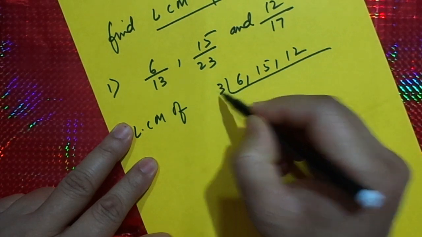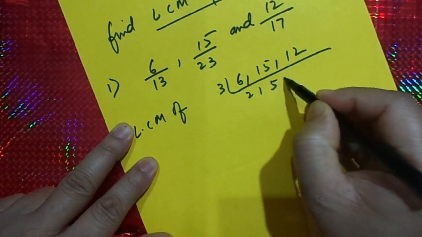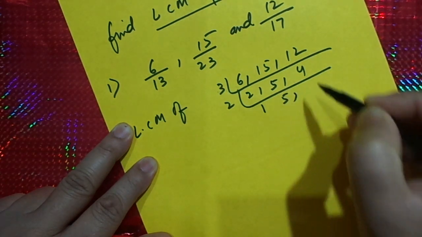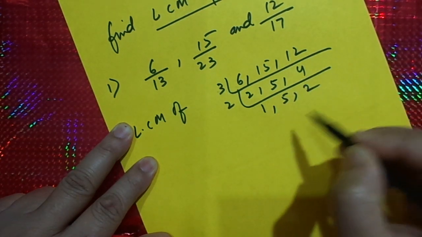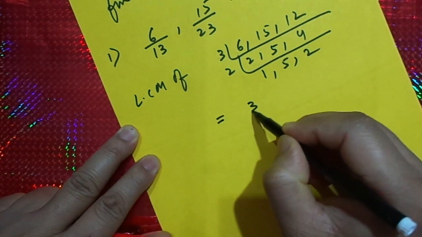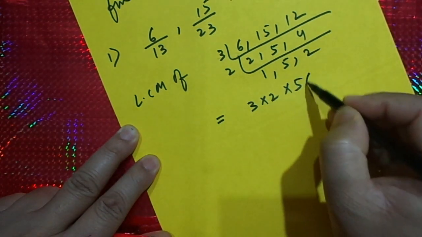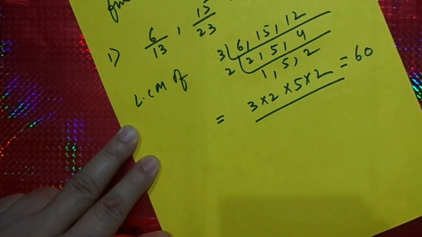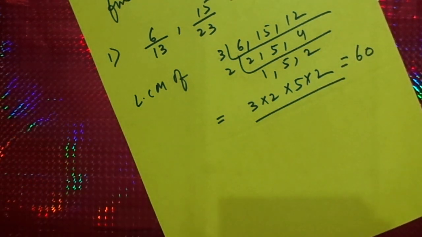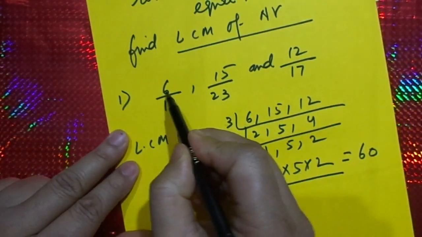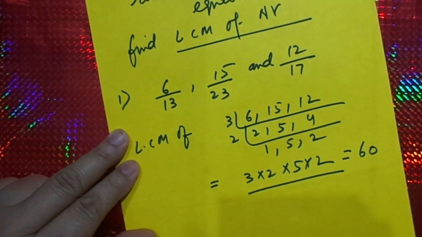So what we get? 3 2 times, 5 times, 4 times, 2 1 times, 5 remains, and 2 2 times. So here the LCM is equal to 3 into 2 into 5 into 2, isn't it? Is equal to 60. Now what I am going to do? I am going to convert each of the numerators to 60.